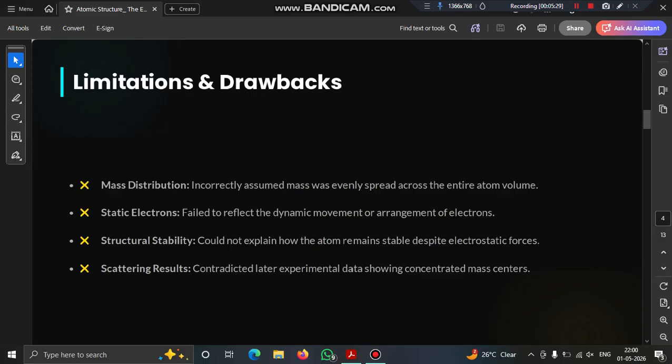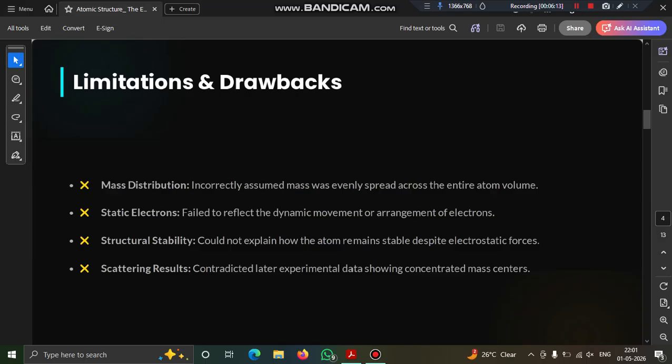Also, the static electrons fail to describe the dynamic movement of electrons. Electrons keep moving here and there, but the model only proposed static electrons that do not move.